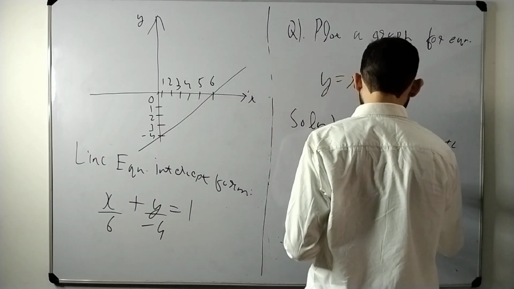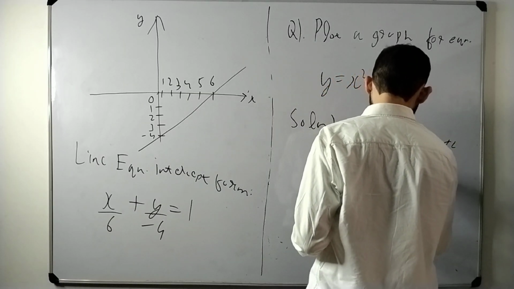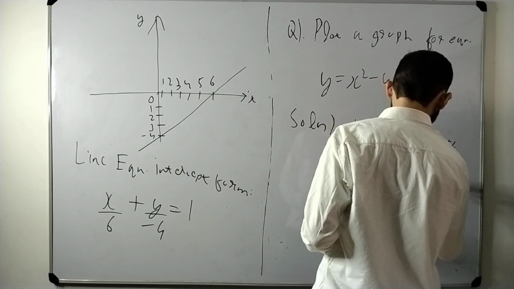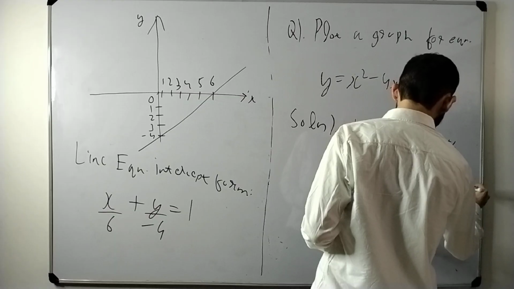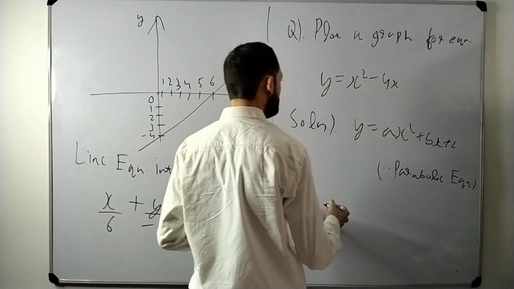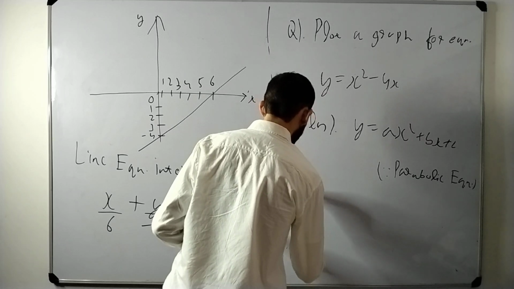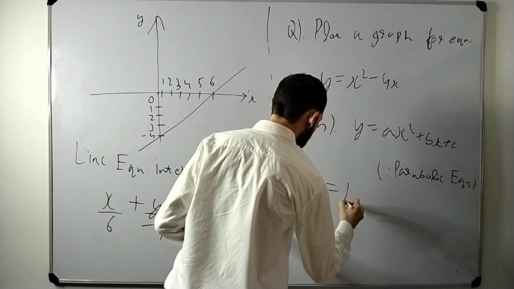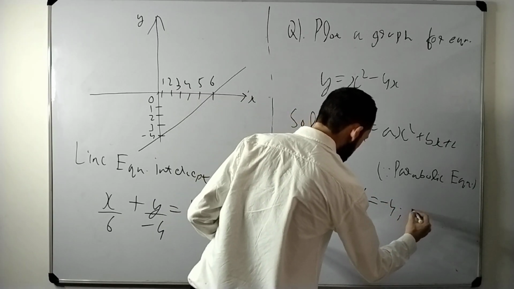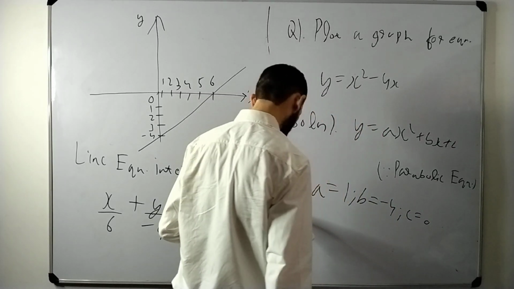This is a parabolic equation, of course. Then what is a here, students? A, sir, is 1, b, sir, is minus 4, c happens to be, yes, 0. Very nice.